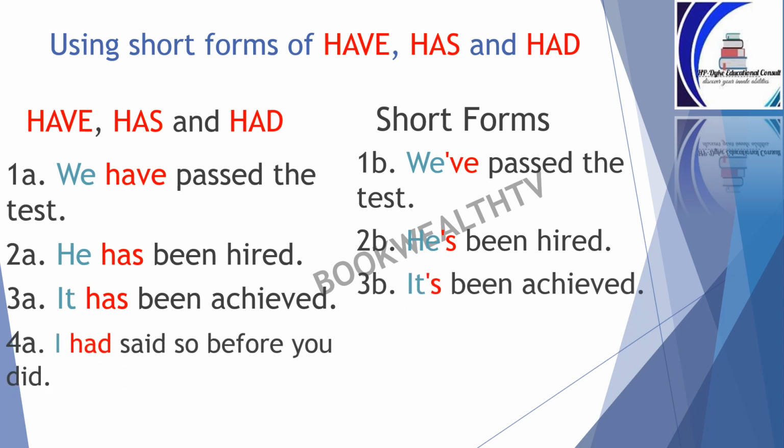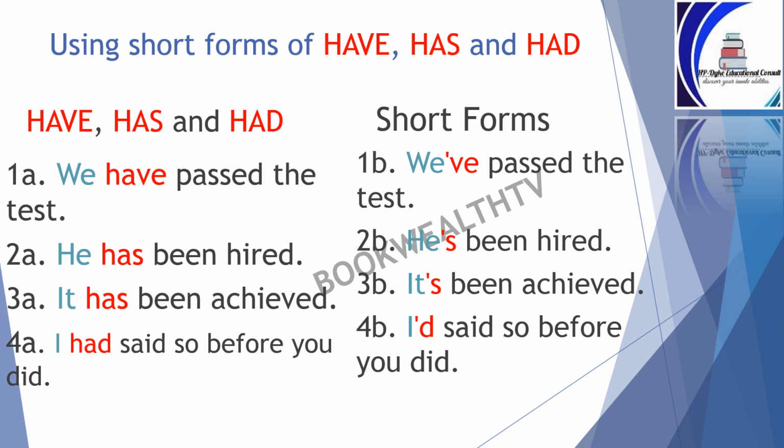I had said so before you did. I'd said so before you did. Note that the short form with its subject is pronounced as one word. We've, he's, it's, they've, you've, she's.